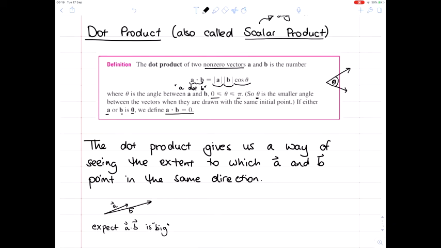On the other hand, if we have our A and our B pointing virtually at right angles to each other, we would expect that A dot B is close to 0. And anywhere in between, we would expect something in between. So we need to quantify what we mean by big. So let's look at some examples.